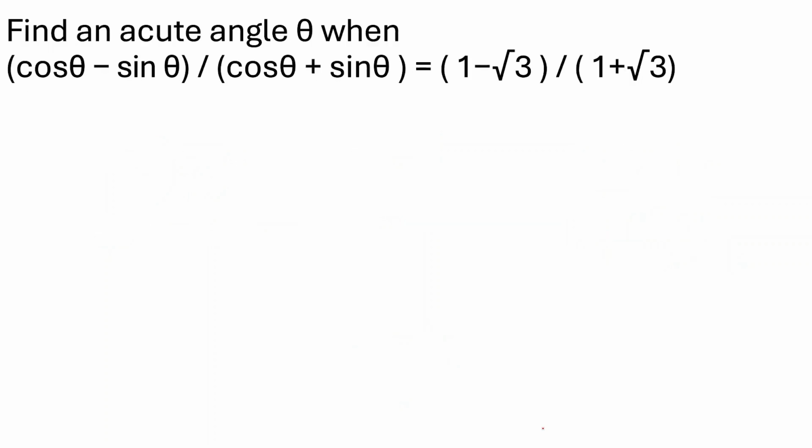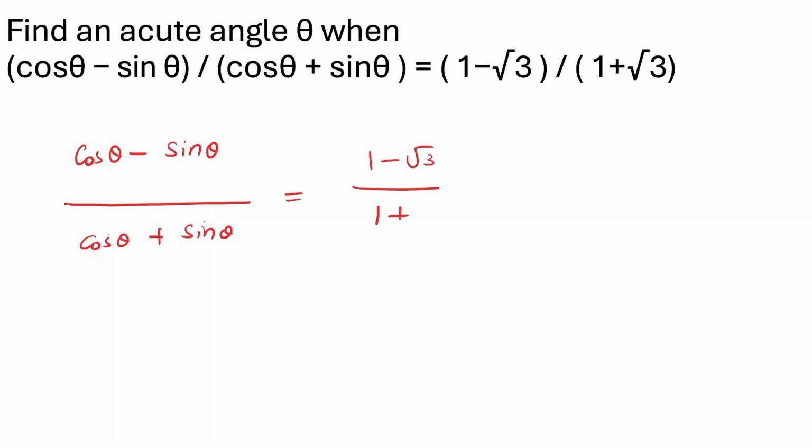Find an acute angle theta when (cos theta minus sin theta) divided by (cos theta plus sin theta) equals (1 minus root 3) divided by (1 plus root 3). Any method you can use, but I am using here the simplest one, just dividing all the terms by cos theta.